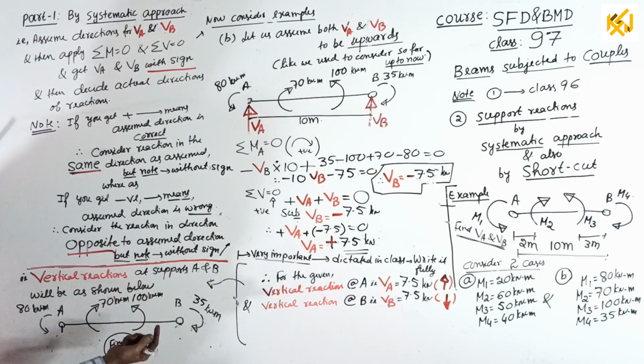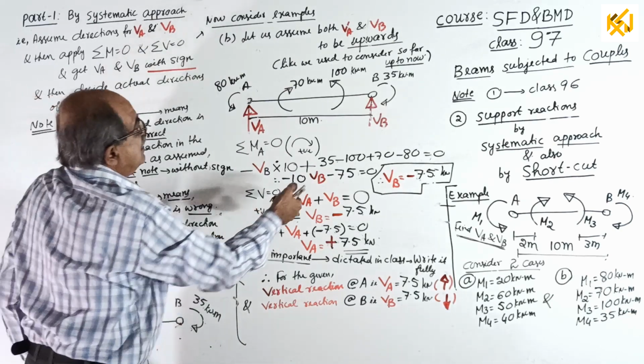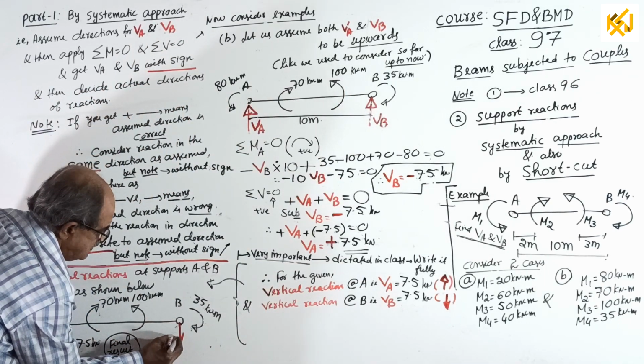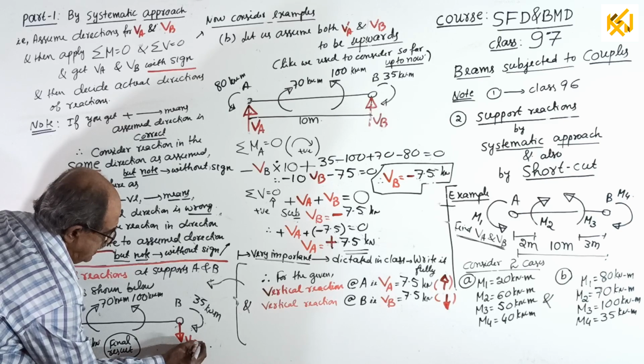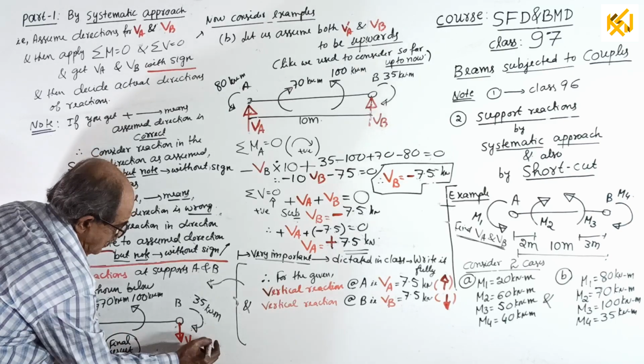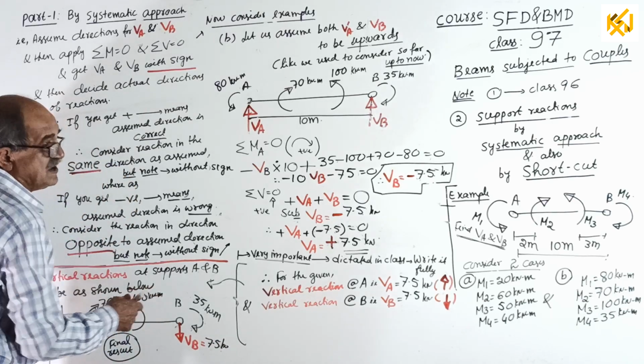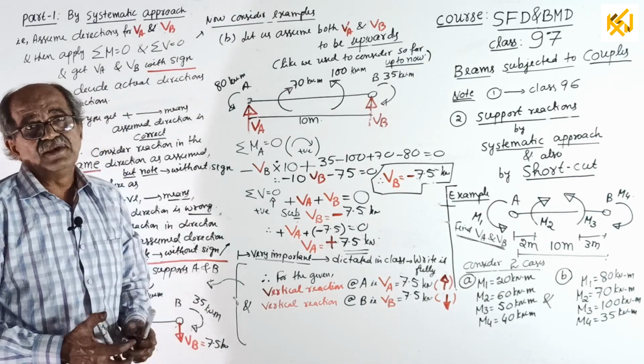You took VA up, it came positive, so your VA will be upwards, 7.5 kilonewton. No sign now. And VB you took upward, negative came, it is downward, VB equal to 7.5 kilonewton. No minus sign now. Over. This is the final result. Now you can continue for SFD and BMD.